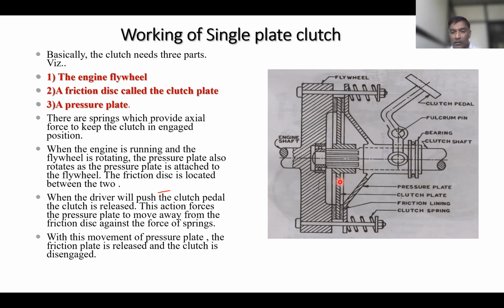Sachin? No, no. Yes. Only after the clutch plate rotates will the driven shaft rotate. Then it is called the engaged position. Now this will be disengaged whenever the pressure plate is moved in this direction. For that, the press is provided on the clutch pedal.